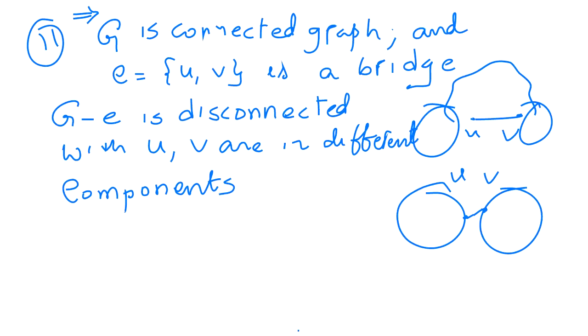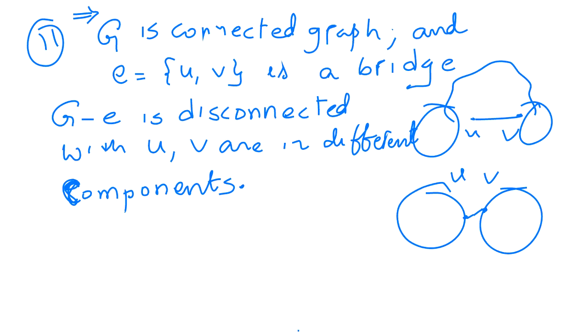My handwriting, this is E, not C, by the way. So, Andrew, I'm talking about problem number 11 in 11.2. If G is a connected graph and E is a bridge, then you need to show every chain from U to V should have that edge UV. You will simply say that is a bridge, so G minus E is disconnected, and U and V are in different components.